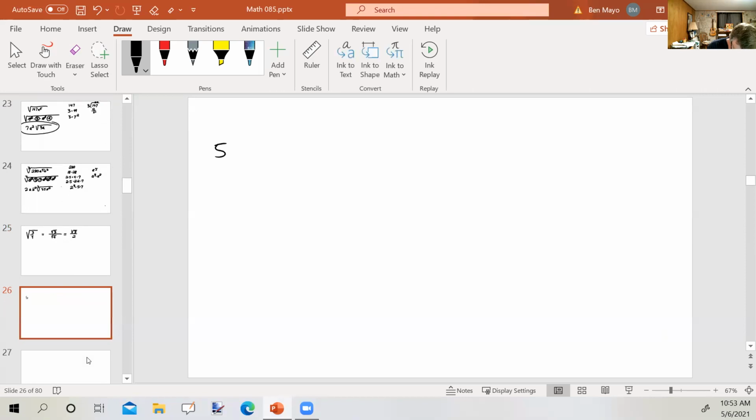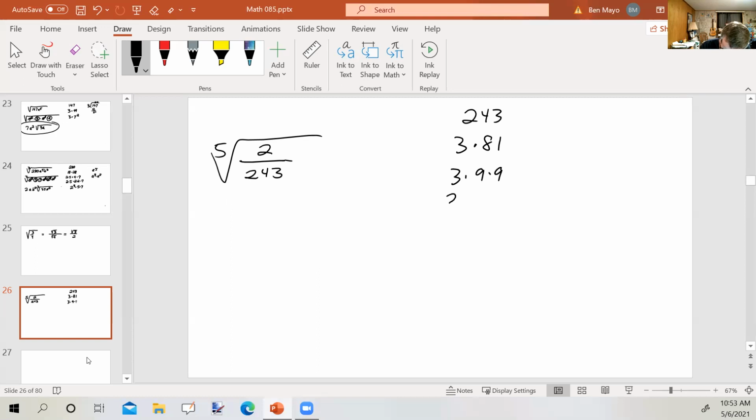Okay, here's another problem. The 5th root of 2 divided by 243. Well, let's see. 243, I believe that 3 goes in. 2 plus 4 is 6 plus 3 is 9. 3 goes into the sum of the digits. So 3 goes into the whole thing 81 times. 243 divided by 3 is 81. 81 is 9 times 9. 9 is 3 times 3.